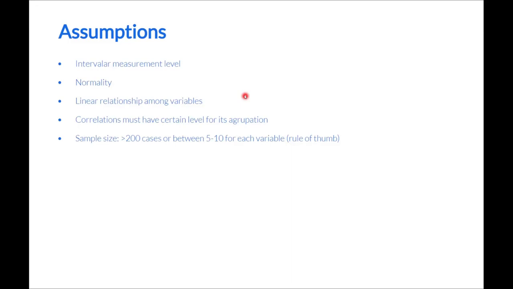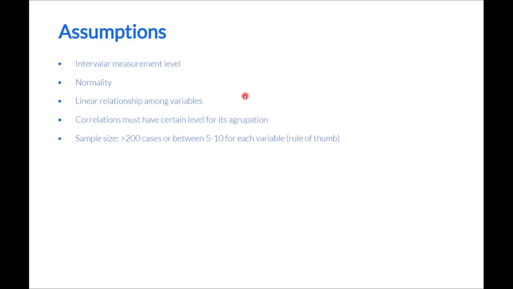And there are some rules of thumb about the sample size. For example, we need at least 200 cases. With less than 200 cases, we will have a lot of limitations about the complexity of the model, or between 5 and 10 cases for each variable. But these are only rules of thumb.